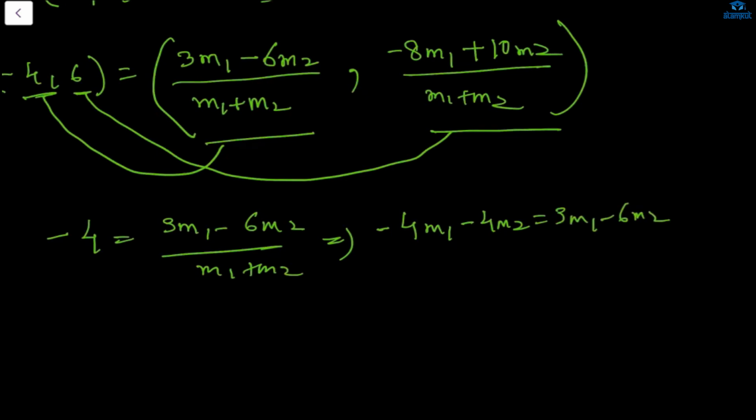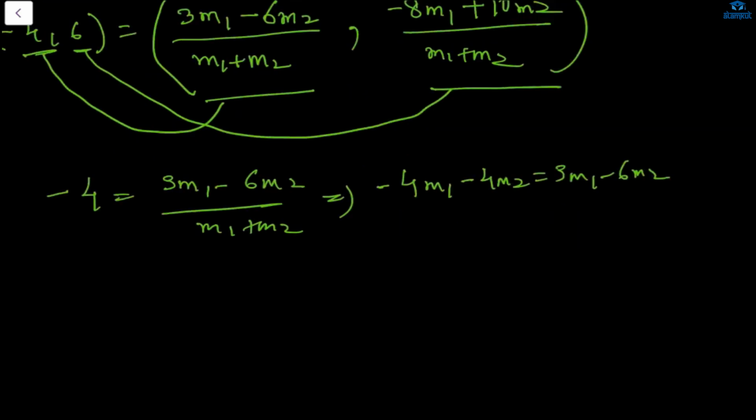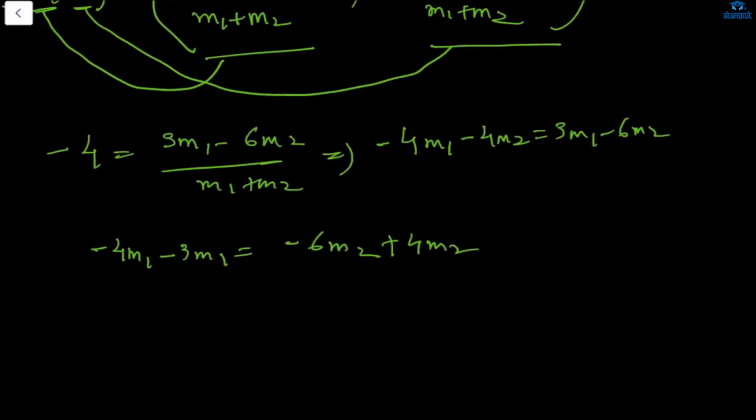Now m1 you can bring on one side, m2 on the other side. So minus 4 m1 minus 3 m1 is equal to minus 6 m2 plus 4 m2. So it will be minus 7 m1 equal to minus 2 m2.